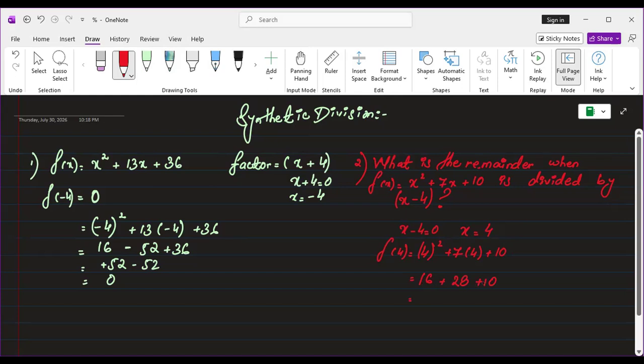So 16 plus 10 is 26, 26 plus 28 is 54. So this is the remainder. If the final answer is 0, that means the given value is a factor. Otherwise, whatever is left is your remainder.